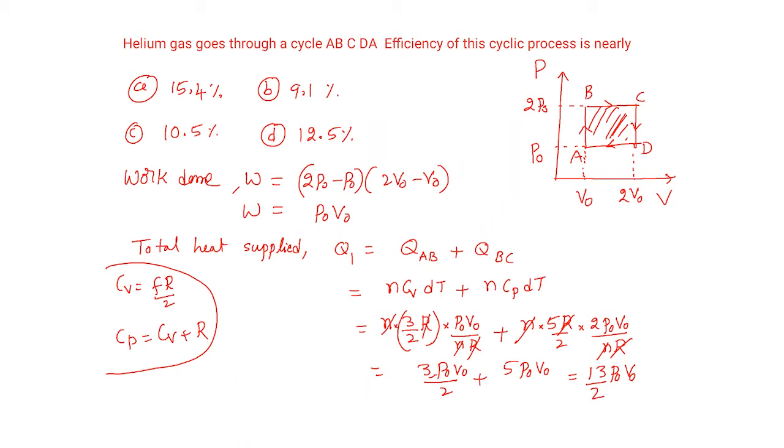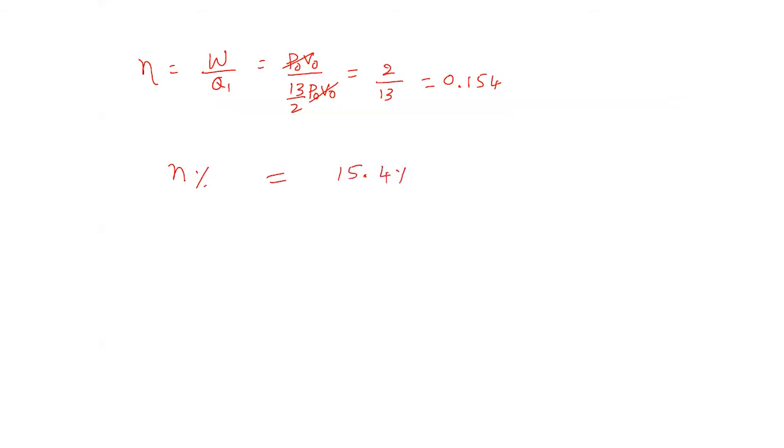So efficiency is given by work done divided by Q1. Work done is P naught V naught, Q1 is 13 by 2 P naught V naught. This will cancel, so 2 by 13 is equal to 0.154. Percentage efficiency is 15.4%. Am I correct?